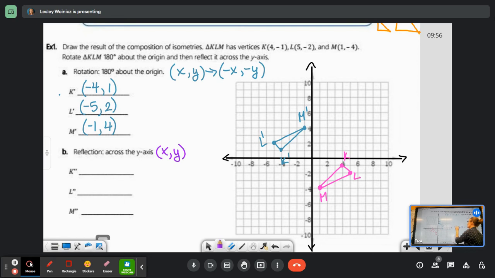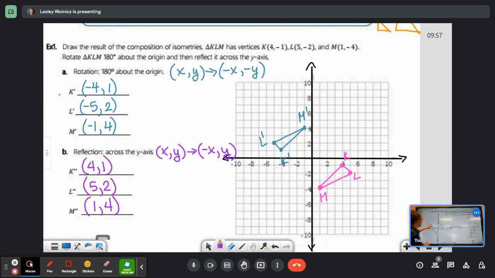X, y maps to: change the sign on x, keep the y value the same. Now I'm using these primes up here. Change the sign on the x, keep the y.